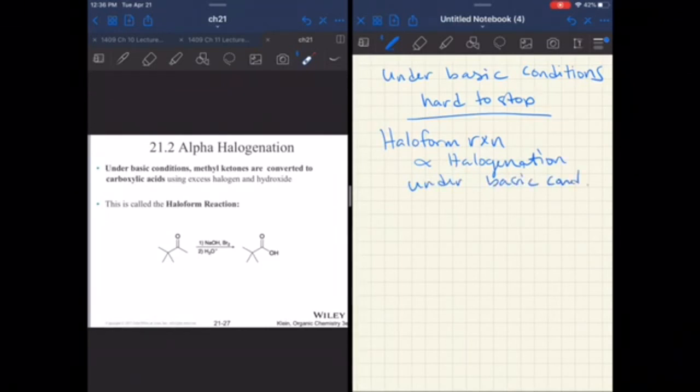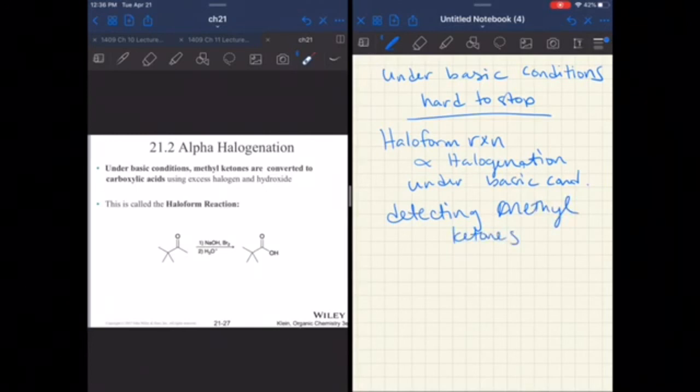And what is it useful for? It's useful for detecting, let's actually write the word out, methyl ketones. If you have a methyl ketone, and we're going to just block the left side here with some additional R groups so that we only have one side with alpha protons.